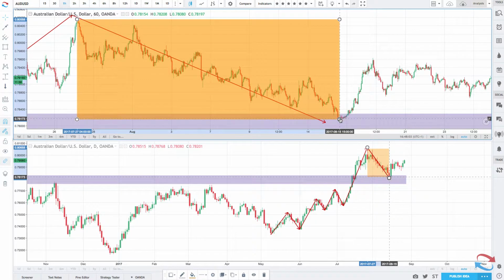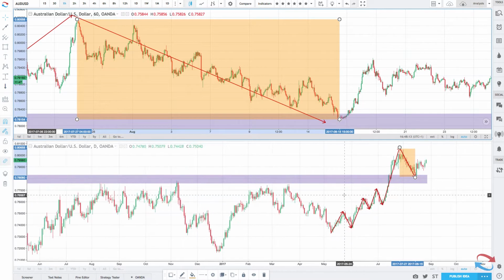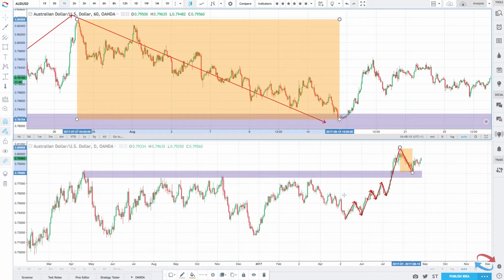Support and resistance on the lower time frames, there tends to be a lot of chop, and levels tend to spike through and not necessarily hold as much, whereas the daily, weekly and monthly time frames are a lot more significant. There's a lot more supply and demand going through these levels.